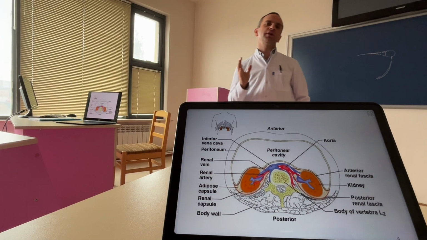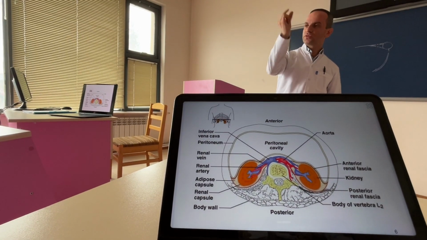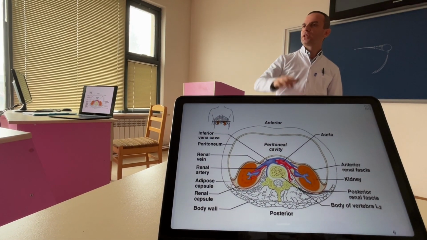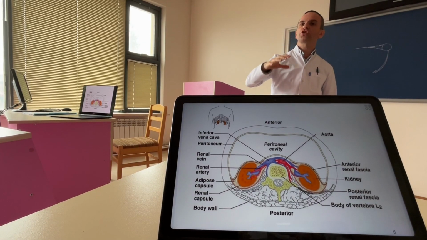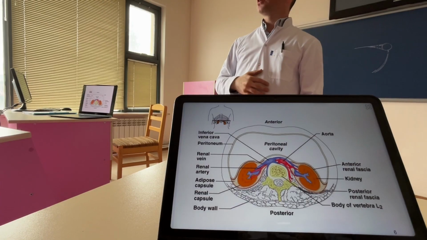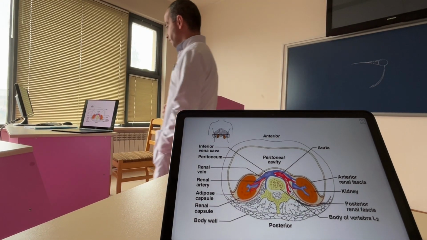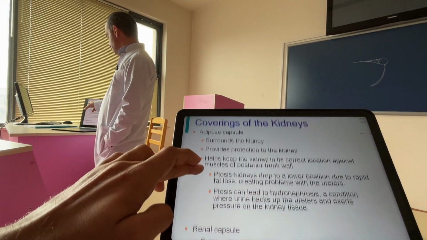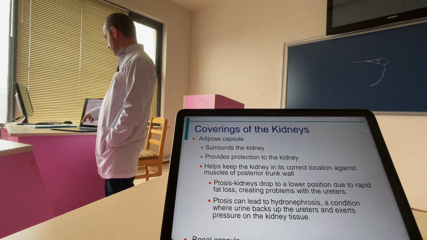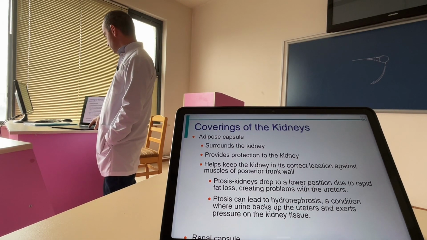That's why in case of kidney stone disease, when stones pass through the ureters, or if we have hydronephrosis, enlargement and stretching of the capsule will be painful. Pyelonephritis. Coverings: the adipose capsule which is surrounding the kidney, and the renal capsule which surrounds each kidney. So first renal, then adipose capsule.